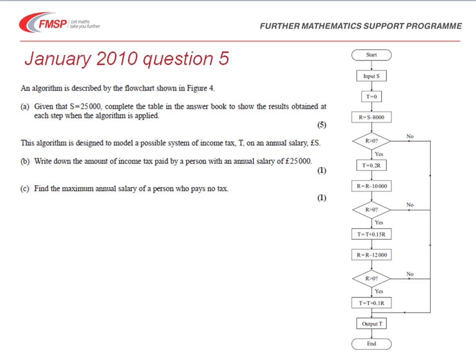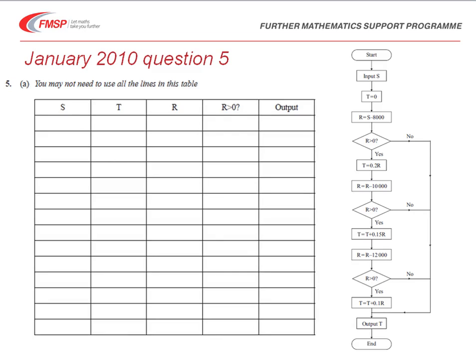Well, looking at the flowchart itself on the next slide, we can see that what we have to do is start and then just follow through step by step, inputting our values. So we've got the input, and we have particular things to take note of. To start off with, we're told that t equals 0, and then some calculations to be done.